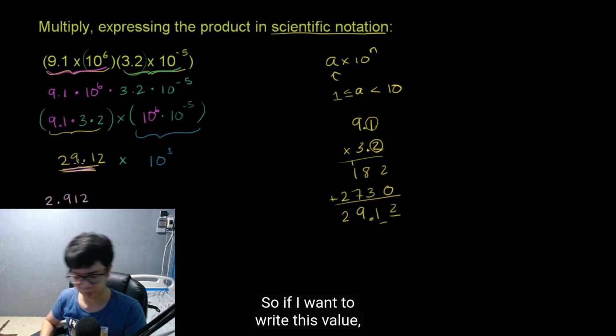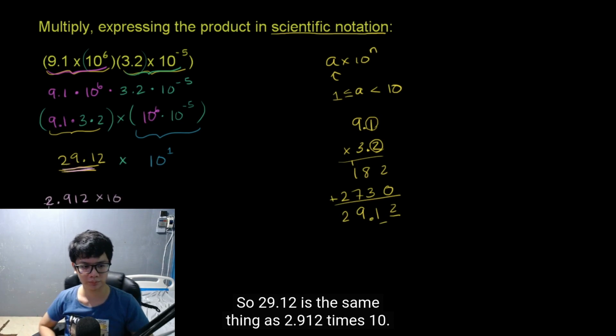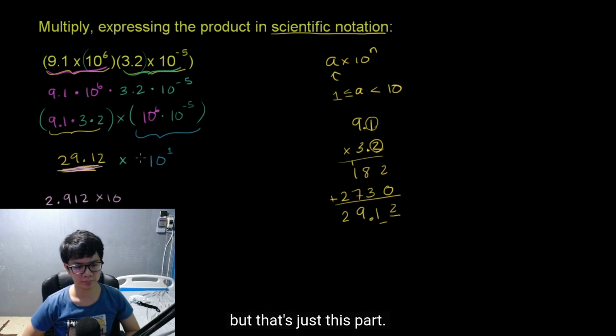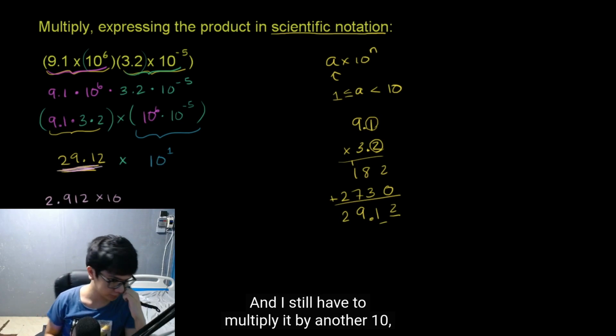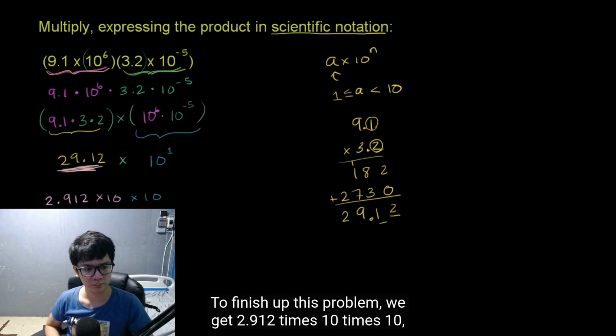So 29.12 is the same thing as 2.912 times 10. And now this is in scientific notation. That's just this part. And I still have to multiply it by another 10.